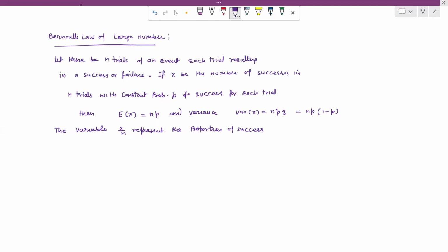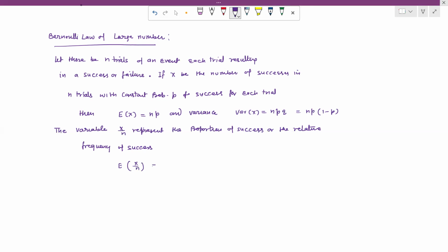So instead of X, here we consider X upon n. Basically, in the law of large number we take the sum S_n upon n, but here we take the proportion of success, or we can say the relative frequency of success.